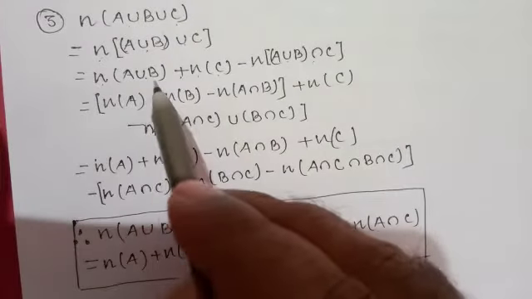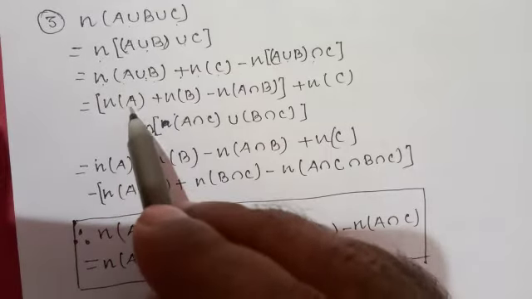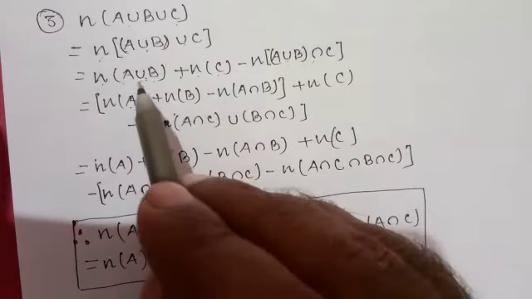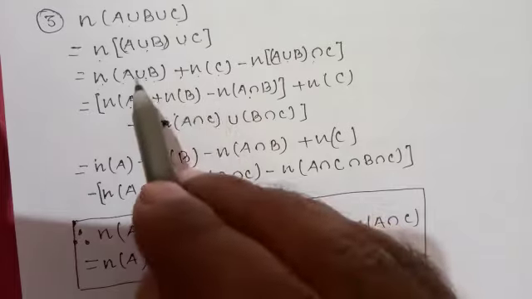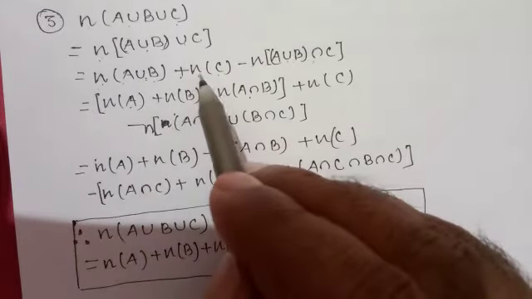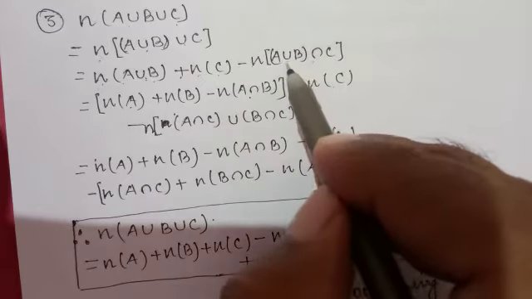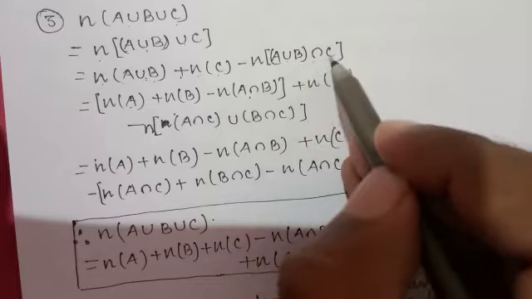Again apply the formula for n(A union B), which is the number of elements of A plus the number of elements of B minus the number of elements of A intersection B. This is the formula for n(A union B). Plus the number of elements of C is the same. Apply the distributive law for three sets here.